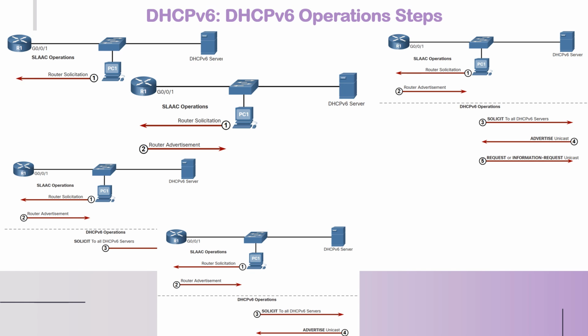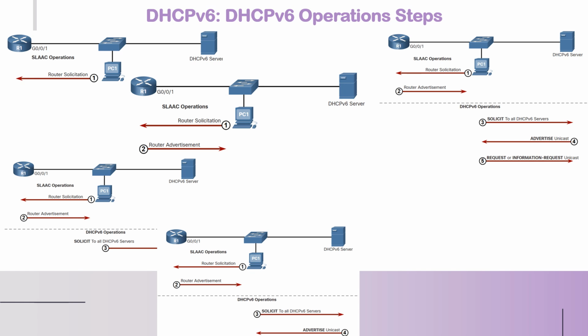The client then sends a DHCP version 6 information request message to the DHCP version 6 server requesting additional configuration parameters, as for example the DNS server address. If the client is a stateful DHCP version 6 client, the client sends a DHCP version 6 request message to the DHCP version 6 server to obtain all necessary IPv6 configuration information.